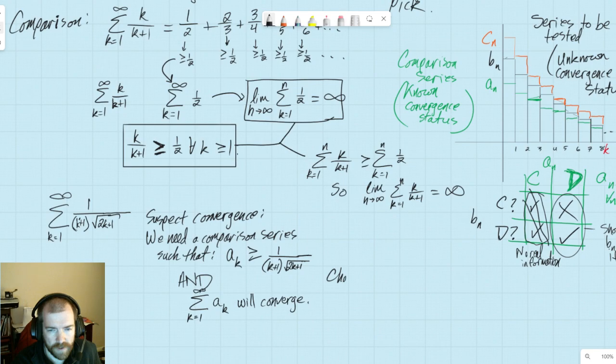So choose a sub k to be equal to, let's see, something that's always going to be greater, and we can prove convergence for it by itself. So in order to be greater, its denominator needs to be smaller. So I think we can choose 1 over x root x. Not x, k root k.